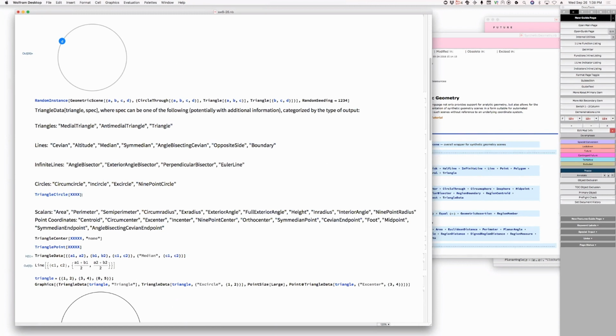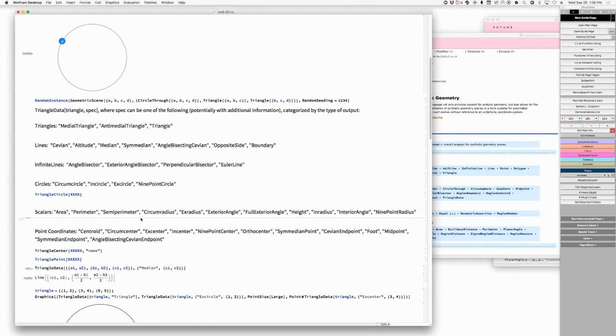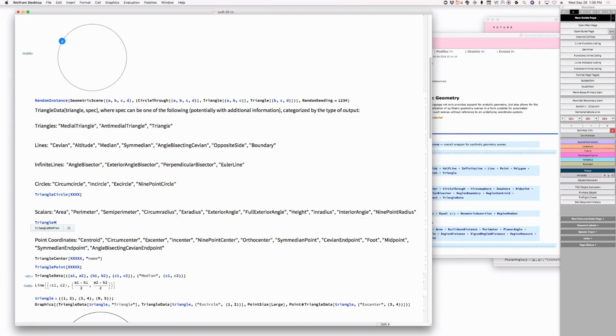Okay, so let's keep going here. This one, I claim, should be called triangle measure, potentially. And it probably defaults to the area, because that would be the obvious triangle measure.